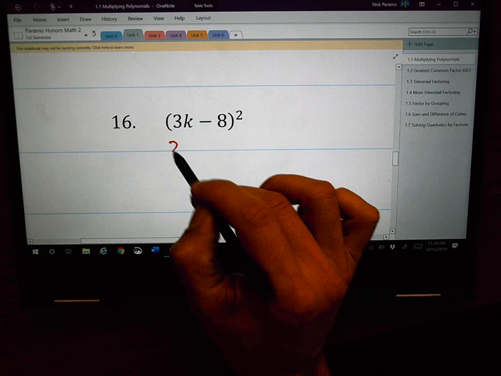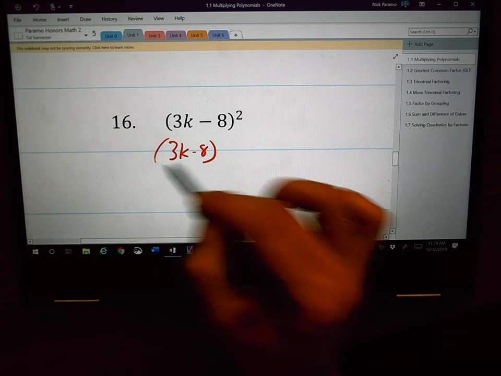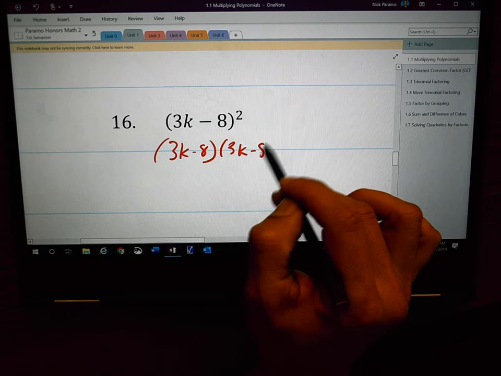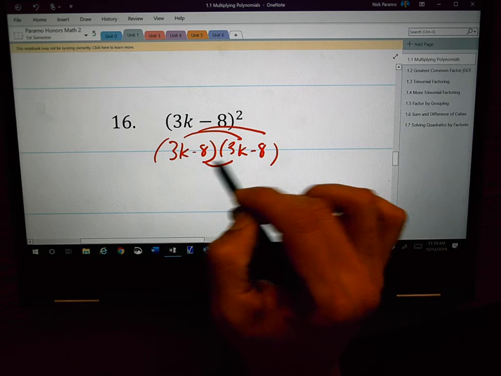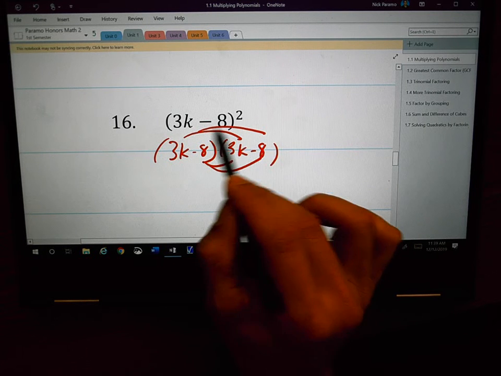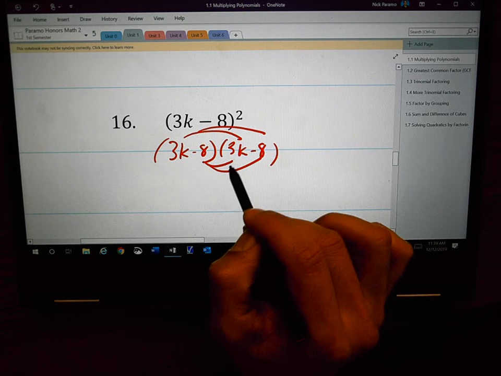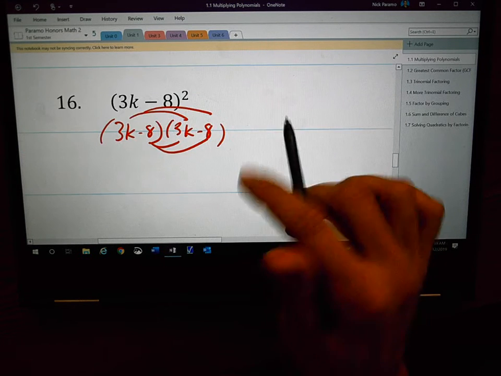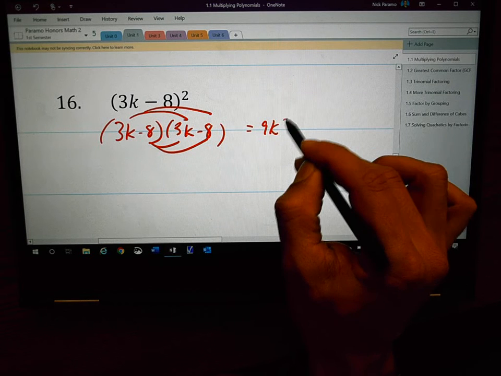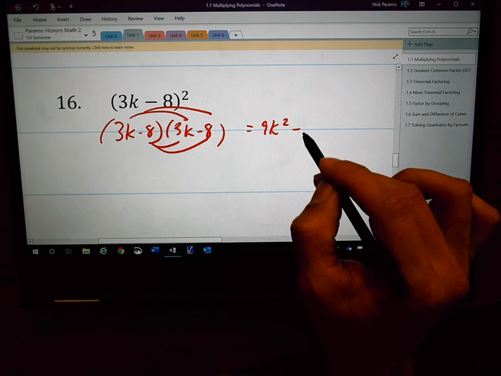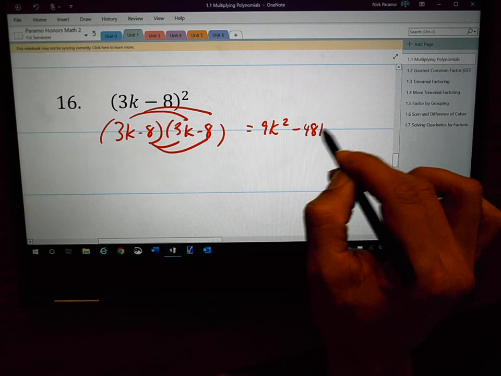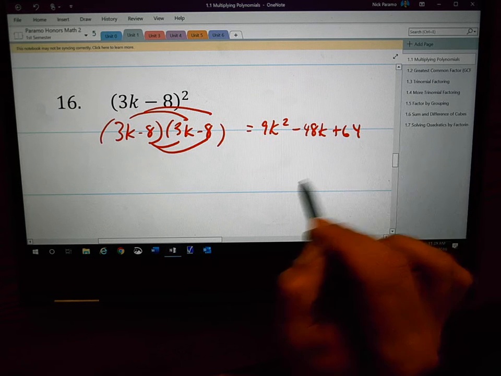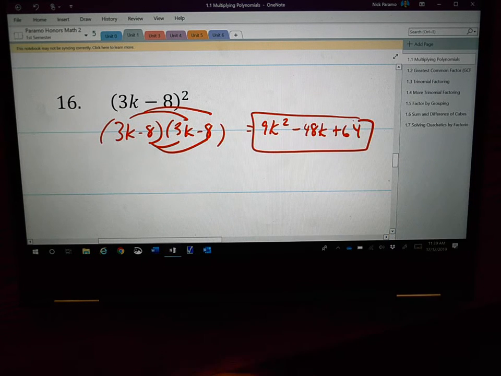You have to remember that it's 3k minus 8 times another 3k minus 8, and you have to FOIL this out. There is a negative 24k and another negative 24k that will combine to make minus 48k. So it makes 9k squared minus 48k plus 64. That's what that expands to be.